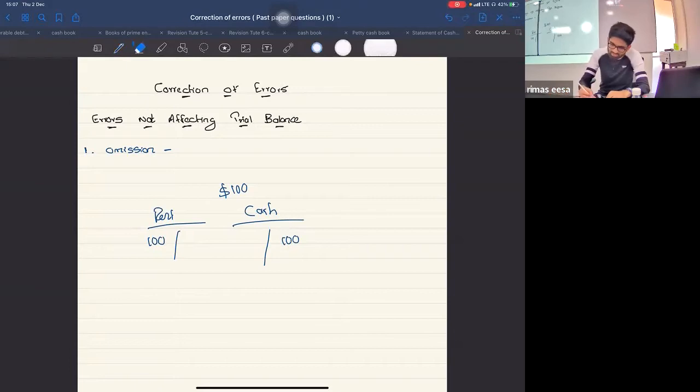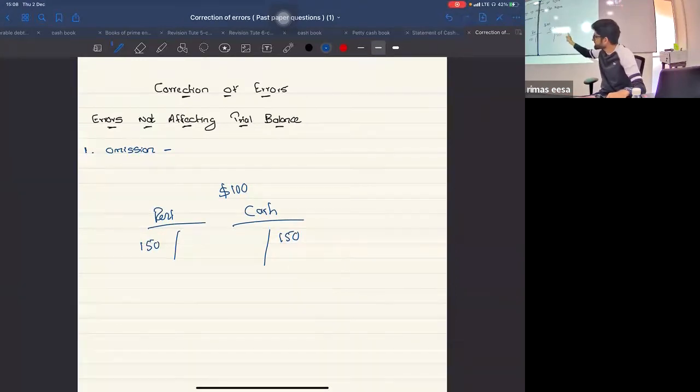Now imagine that instead of entering 100, you entered 150 here and 150 here, whereas the correct amount is 100. In the rent account you are entering 150, in the cash account you are entering 150. Is it correct or wrong? It's wrong, I have entered the wrong amount. But trial balance will still balance. Why?